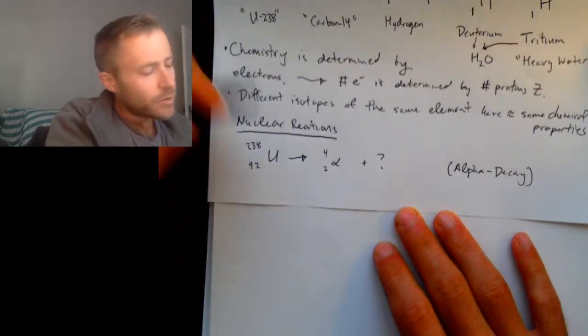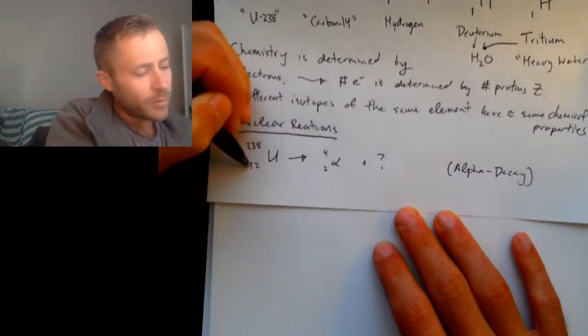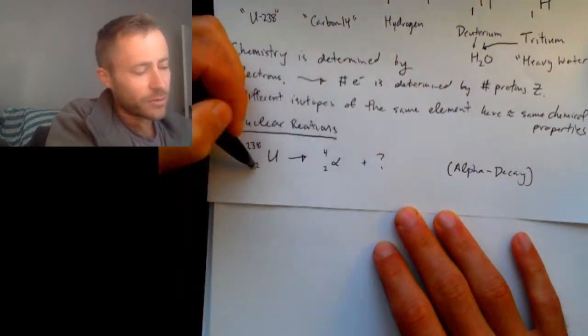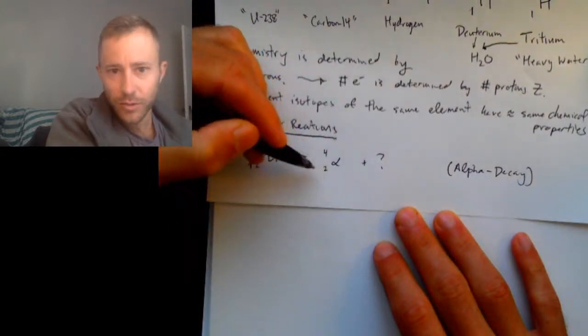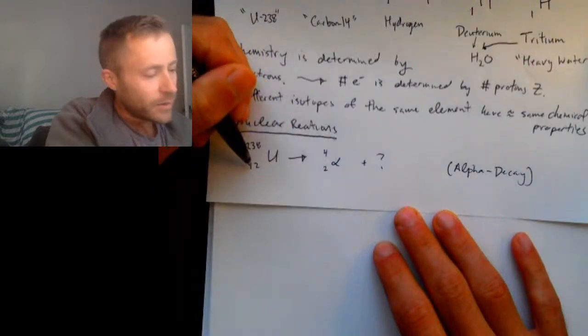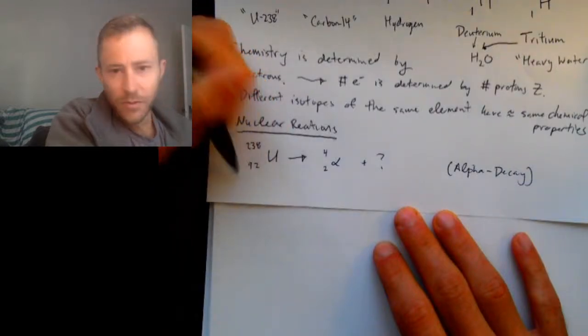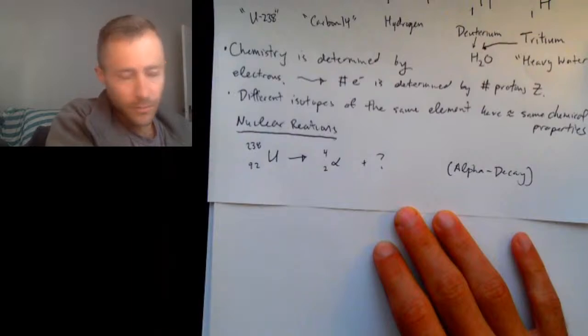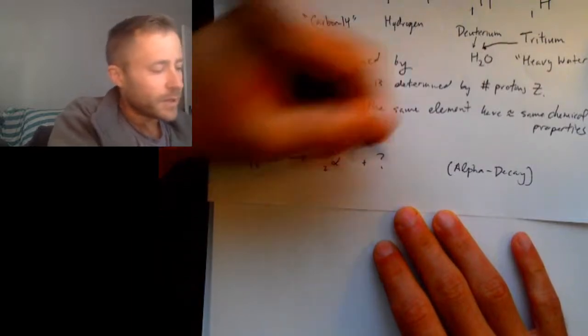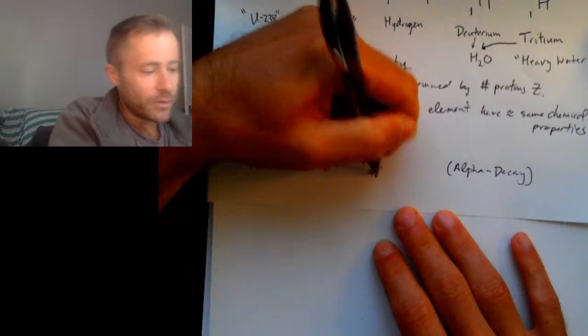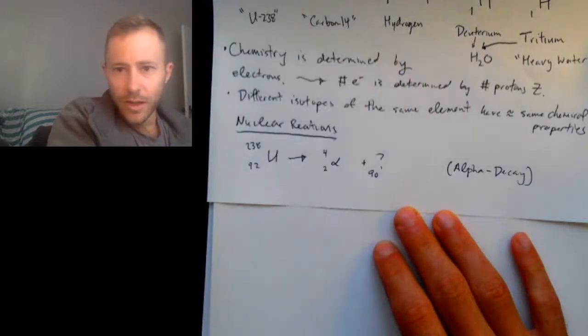Okay. So that signifies conservation of charge. Well, the alpha has a charge of 2. The charge on the left-hand side is 92. So what that means is that this unknown nucleus has a charge of 90.